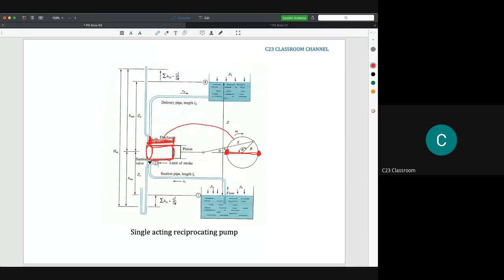Another thing that you should know is that we have a suction head and a delivery head. So what is the suction head? The suction head is the height from the level of water at the inlet to the center point of the piston pump.